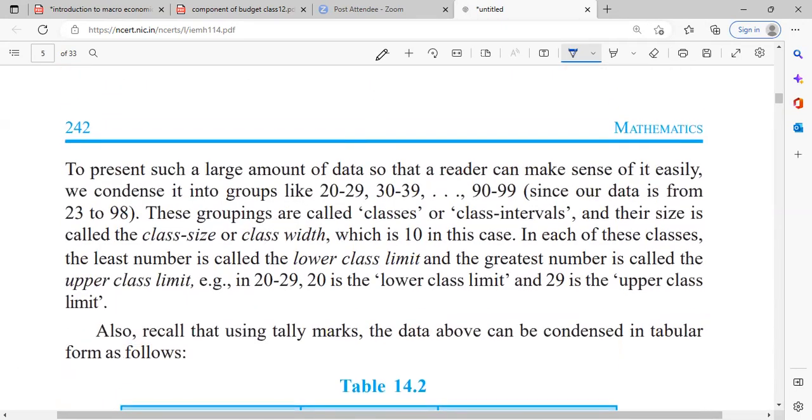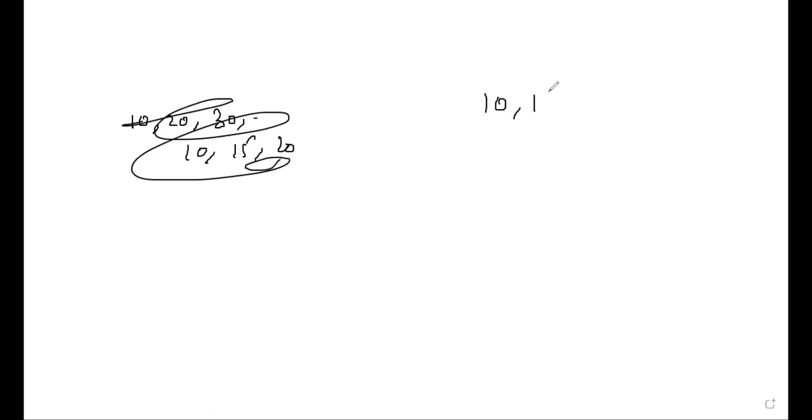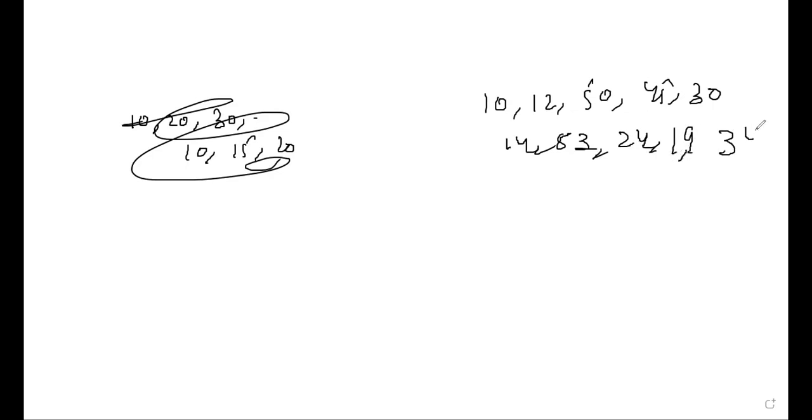But over here I need to tell you one more thing. See, over here what you need to do. For example, these are the numbers: 10, 12, 50, 45, 30, 14, 53, 24, 19, 34, like this.